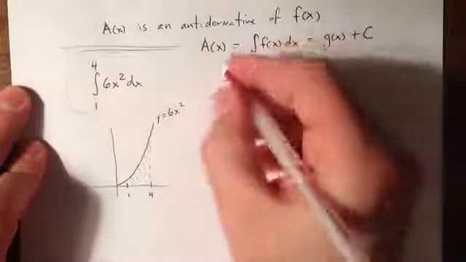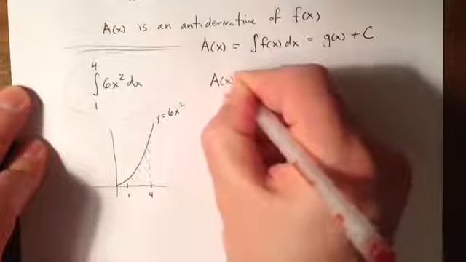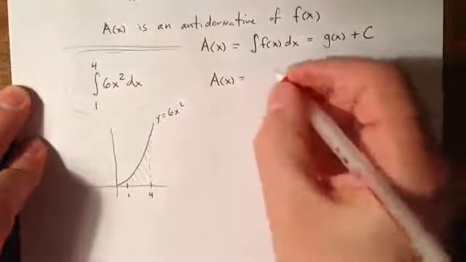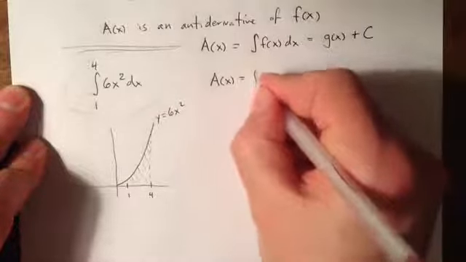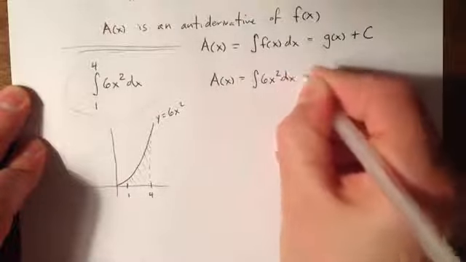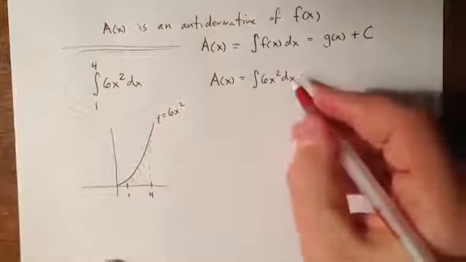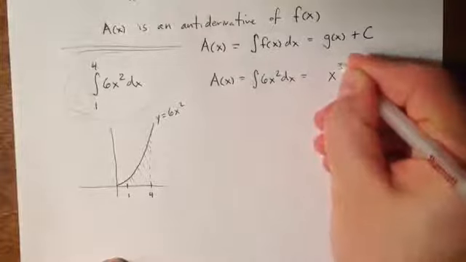We know the area function that corresponds to this example is going to be an antiderivative of 6x squared. So if we add 1 to the exponent, we get 3x cubed.